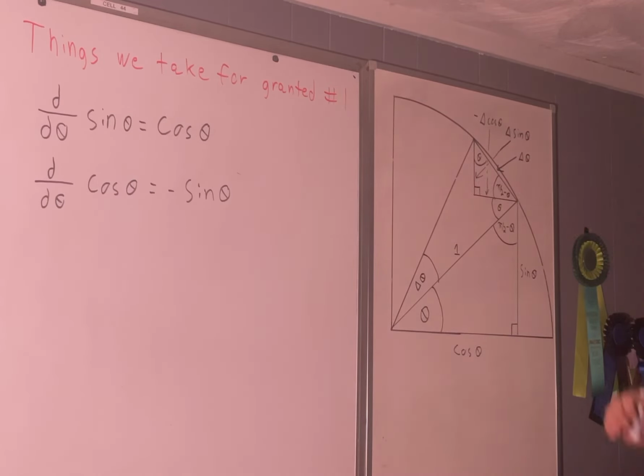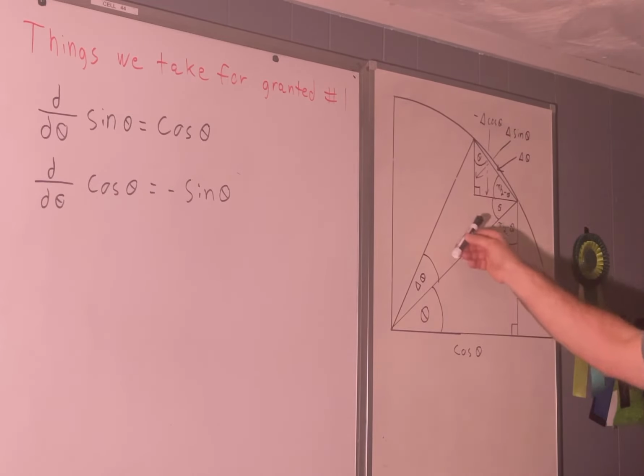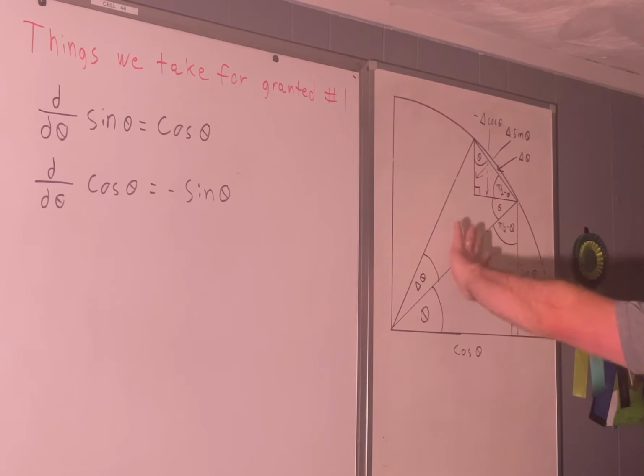But again, it's zoomed way, way in. And if you zoom in on a circle enough, it becomes very, very close to a straight line. That is the zoomed in curve right here. This is the actual curve. This is what it looks like when you zoom way, way in. And always remember this is zoomed way in. This is a very small change in theta.